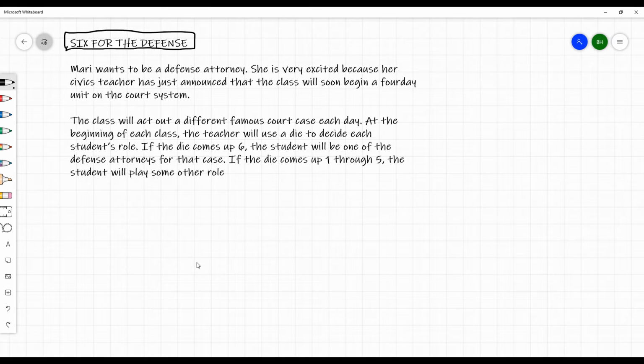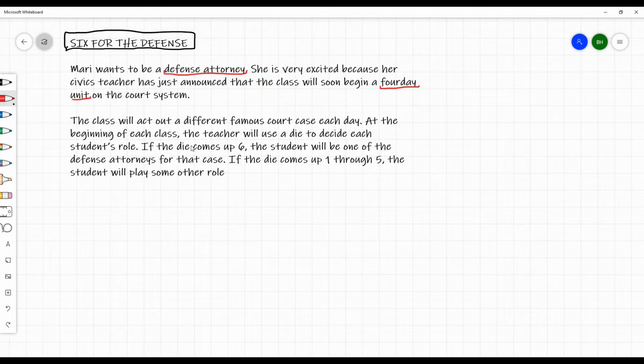So in this problem, you have a student named Mari, and Mari really wants to be a defense attorney. In the court system, there's the prosecution and there's the defense. She wants to be part of the defense, kind of like a lawyer, but defending people. She's very excited because her civics teacher has announced that the class will soon begin a 4-day unit on the court system.